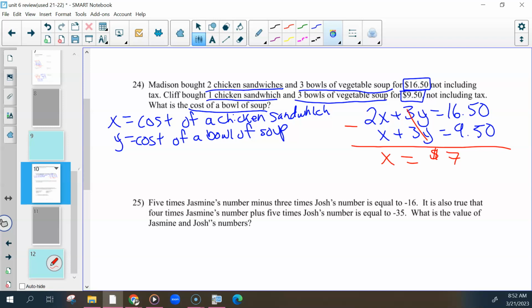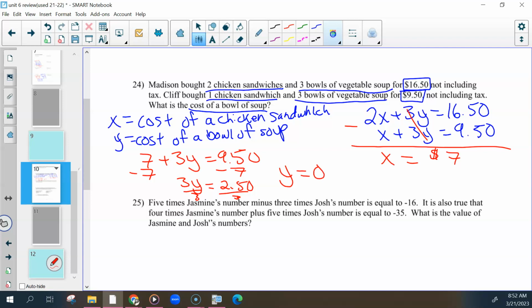I'm going to put it in the second one. So we would subtract 7 and divide. I'm going to divide that from each other. So in cost, we would put that as 83 cents.